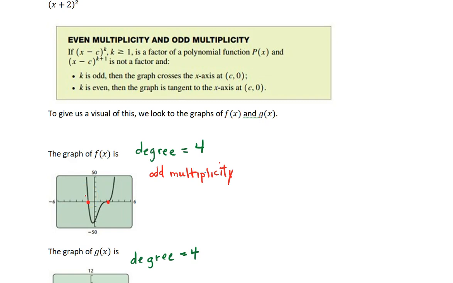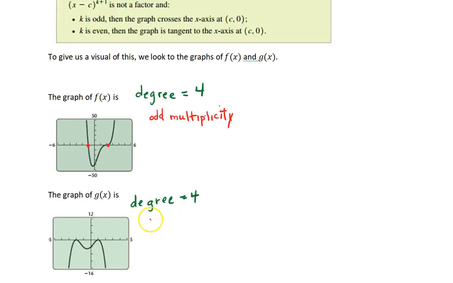Here we had an even multiplicity. Our even multiplicity says that it's only going to touch, and here is exactly what it does. It touches here and it touches here. It never crosses the x-axis in those two, in this particular case.